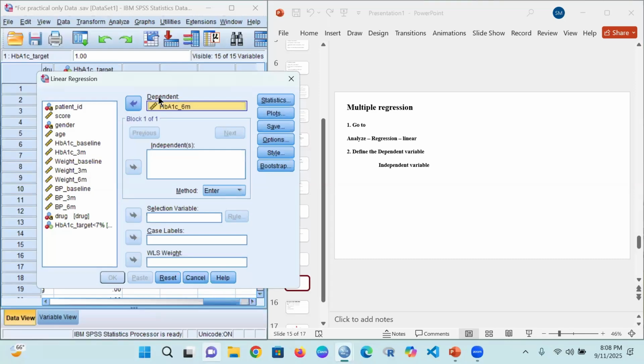Our independent variables now we can have the drug and the HbA1c baseline.